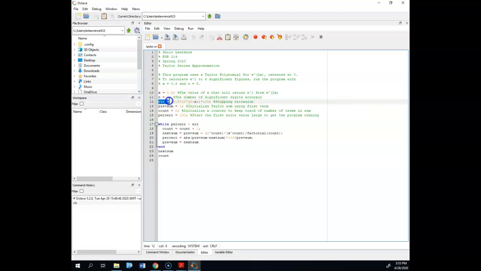And then I've also programmed in this stopping criterion, which I called error, and I just abbreviated as ERR. This is the exact same formula that is in the textbook. The only thing I did not include is the percent symbol, so we'll have to remember later on this value is a percent.